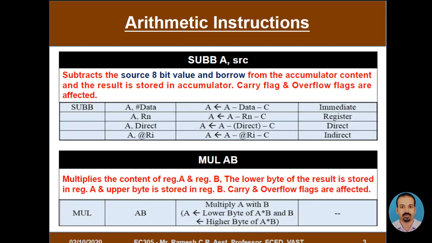Okay, so here the content of the B register is multiplied with the content of the accumulator, and we obtain a 16-bit value. Of the 16 bits, the lower byte is stored in the accumulator, and the higher byte of the product is stored in the B register.